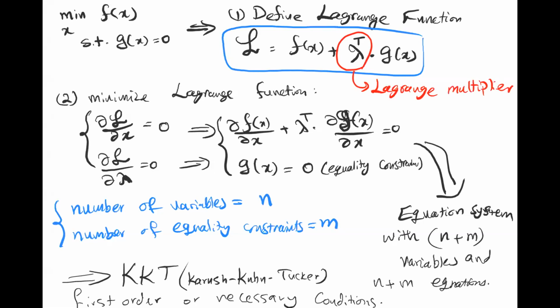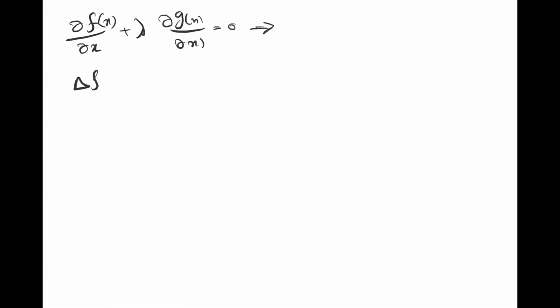If you look at the discrete scenario, and not the derivative, instead of the derivative of f with respect to x plus lambda times the derivative of g of x with respect to x equal to 0, let's say delta f of x by delta x plus lambda delta g of x by delta x is equal to 0.